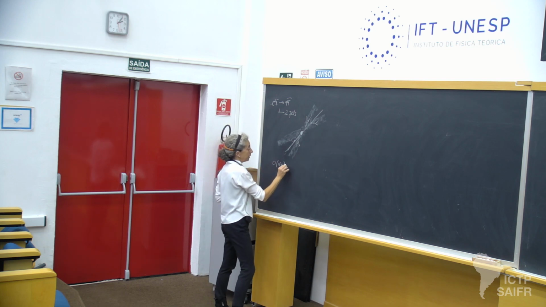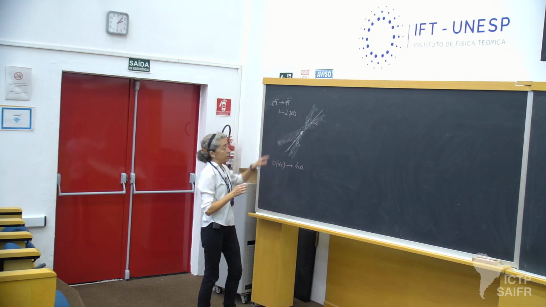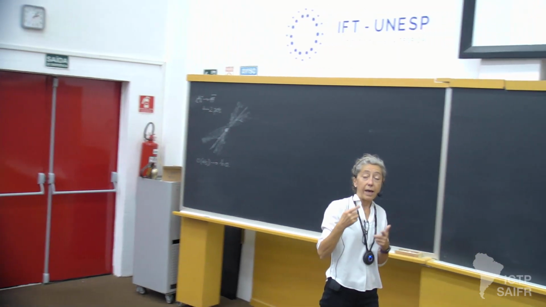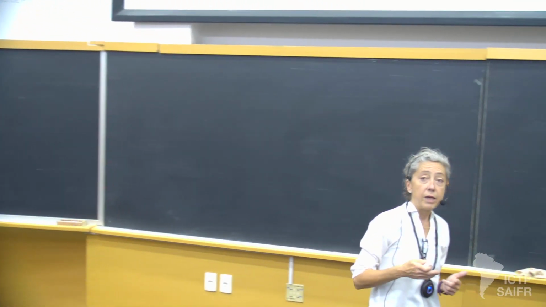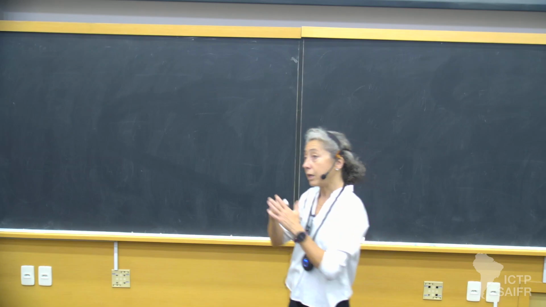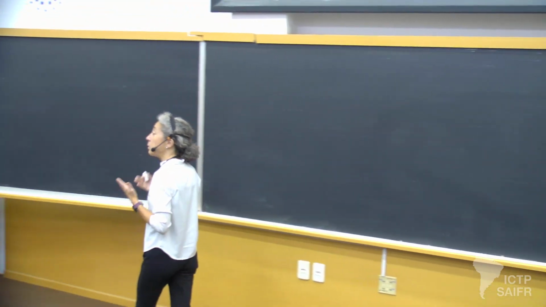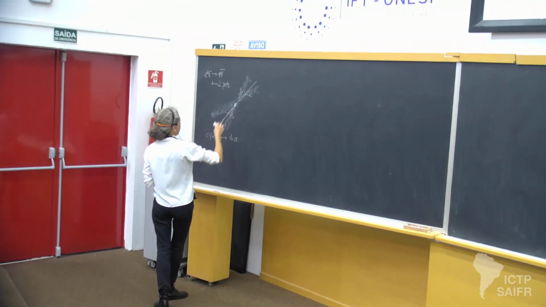Of course, it can be repeated at higher orders. As I drew here, you can start considering radiation that is emitted over and over, and you can start adding the corresponding virtual corrections over and over. If you are inclusive in the process that you are considering, the compensation keeps happening, and so you get to calculate something that has a finite cross-section.